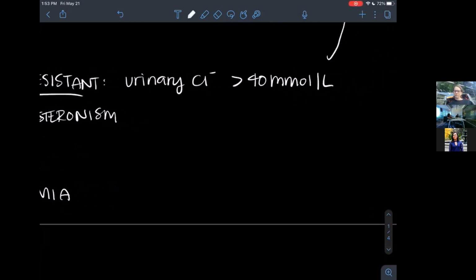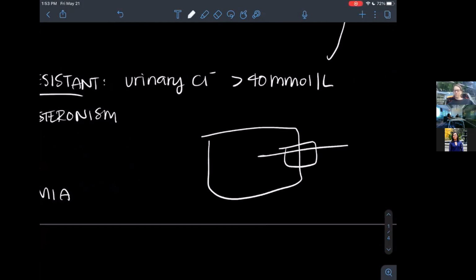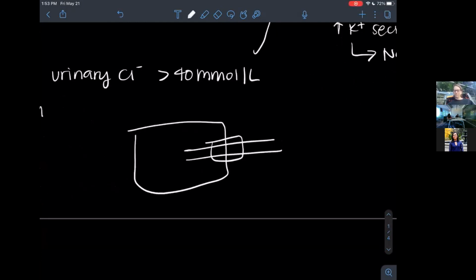So generally, in a cell, you're going to have a transporter for both your hydrogen ions as well as your potassium ions.